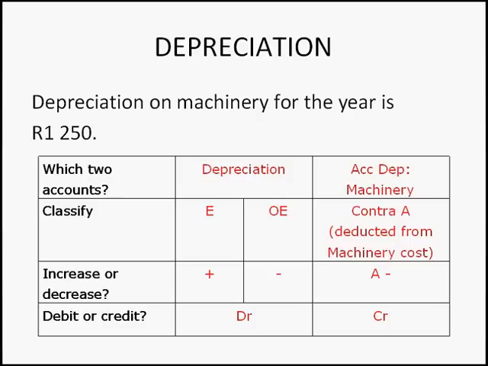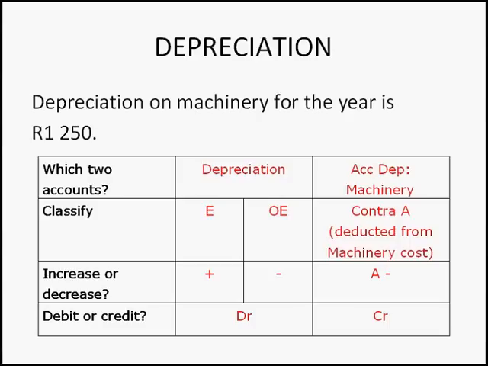But when expenses increase, it also means my owner's equity decreases. Again, if you're not too familiar with this, please look at the previous sections where this was explained. On the other hand, the accumulated depreciation on machinery, because it's a contra asset, it means it decreases my assets.